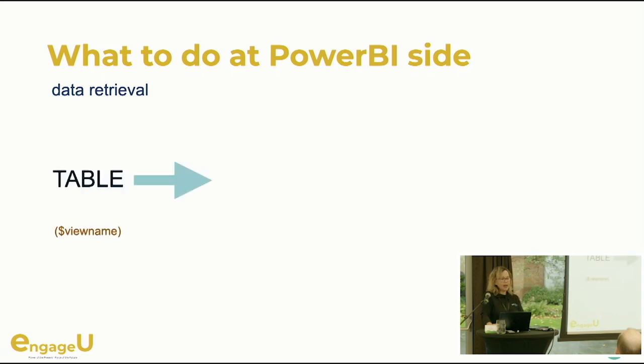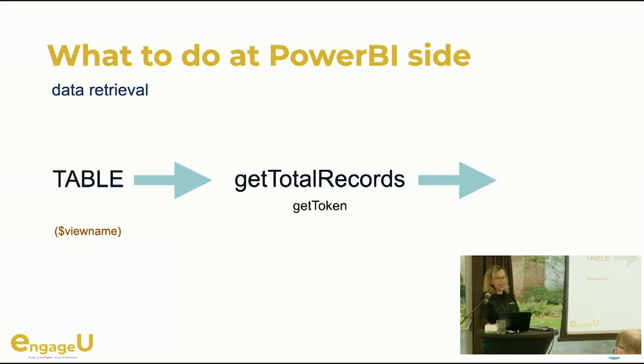We have a table from which we want to retrieve all the data, or 5, 10, 12 tables, one table for example purposes, in which we establish the view name, that's the name of the layout in which we will represent that table in our dedicated file. This table calls a function, which I will show you. It's called getTotalRecords, which has its own get token.